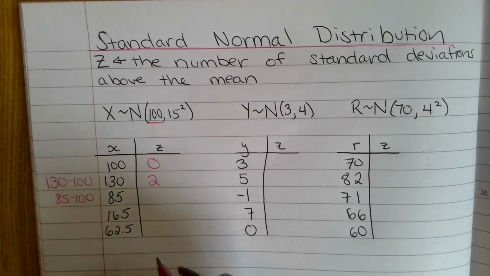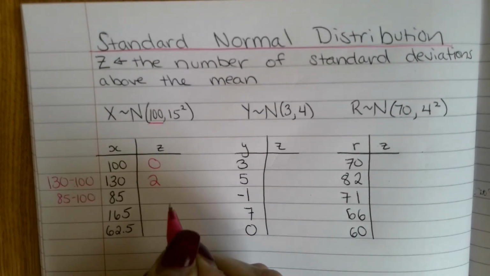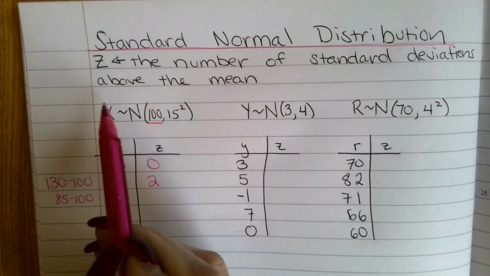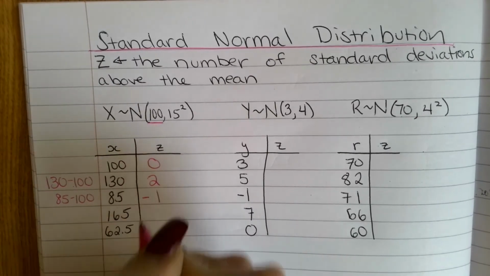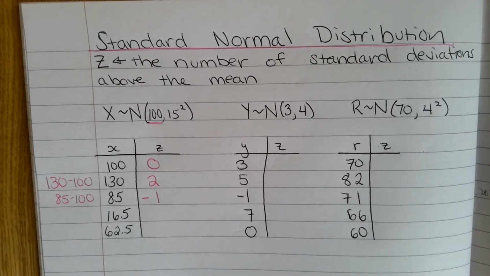In fact, it's 15 below. So since Z is always the number of standard deviations above the mean, it'll be negative in this case, because it's -1 standard deviations above the mean, or 1 standard deviation below.